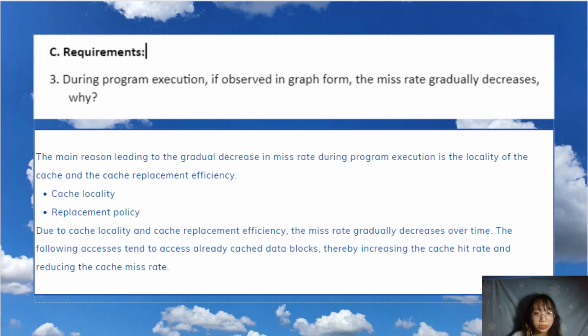Due to the cache locality and replacement efficiency, the miss rate gradually decreases over time, and the program access tends to access already cached data blocks, thereby increasing the cache hit rate and reducing the cache miss rate.